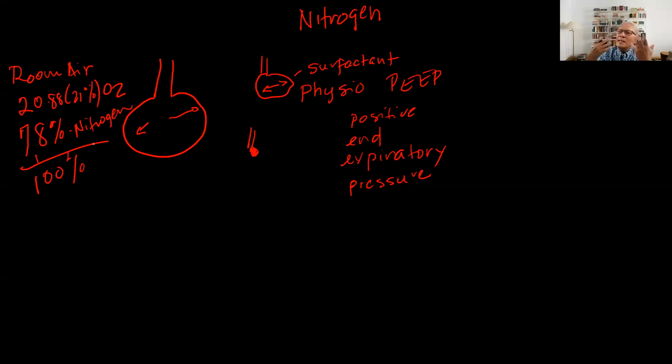So why is it that in the atmosphere, there is an abundance of nitrogen? What is the function of nitrogen? The very important function of nitrogen in ambient air is to allow for the alveoli to remain inflated for a long period of time, and it does not collapse.